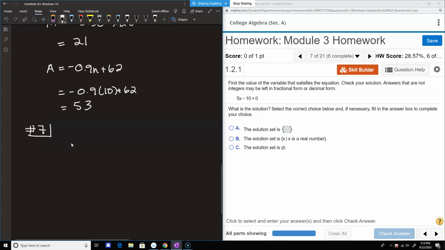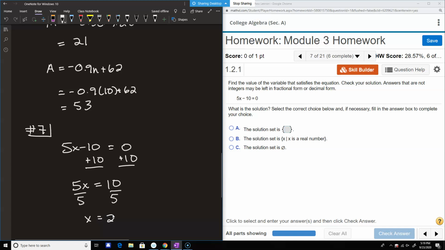So if we have 5x minus 10 equals 0, the first thing we want to do is get the 5x term by itself. So we start by adding 10. And you have to do the same thing to both sides of the equation to maintain the equality. So we have 5x is equal to 10, and then we divide both sides by 5, and we're left with the answer x equals 2.